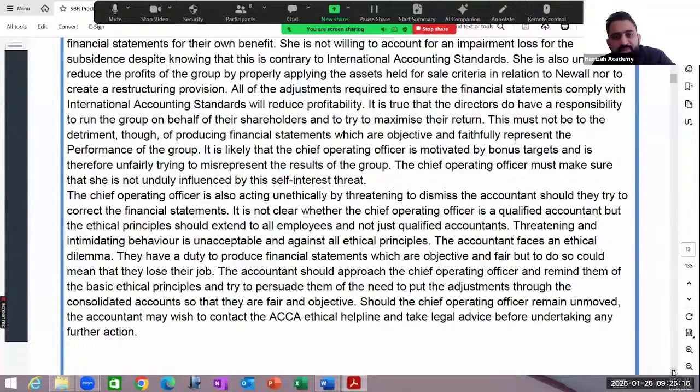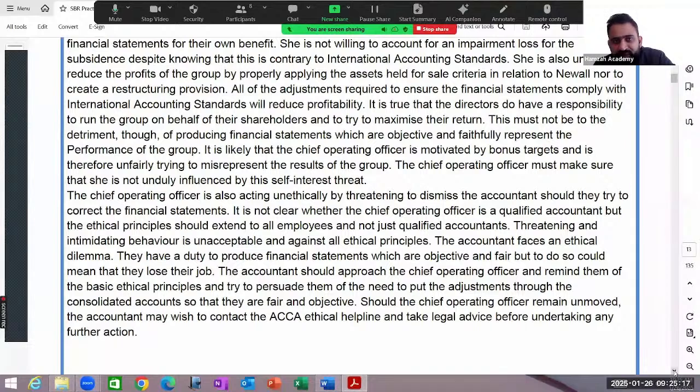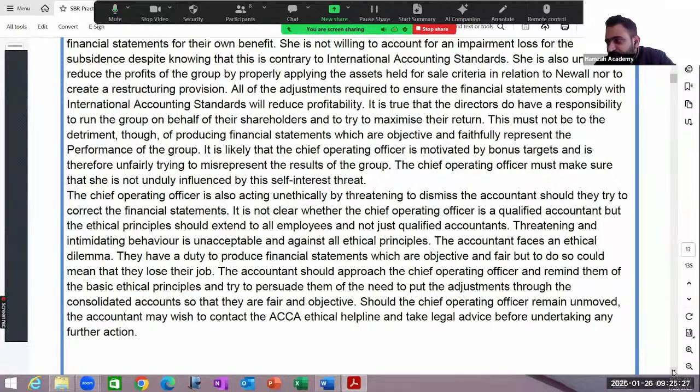So protecting the interest of the shareholder doesn't mean that you go against the rules, regulations, and accounting standards. So here she is also not on the right path. So you can see the chief operating officer on many occasions is not working ethically.